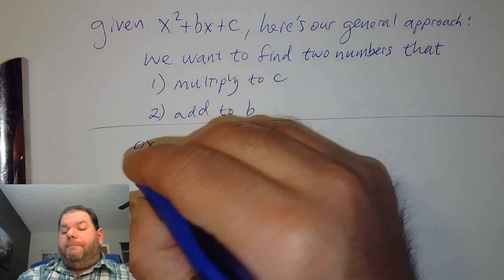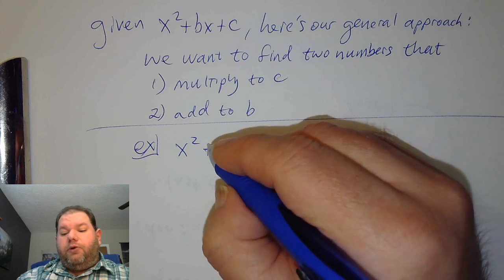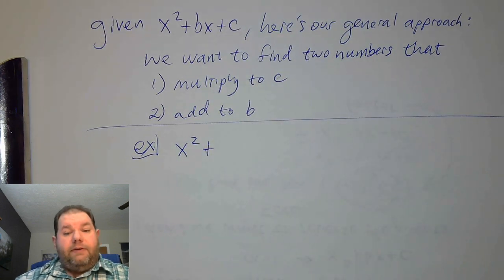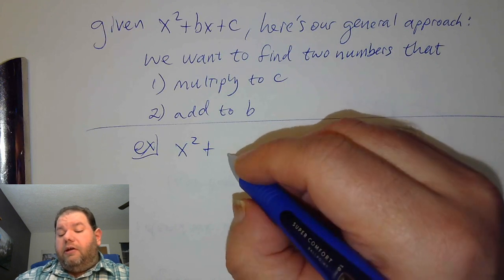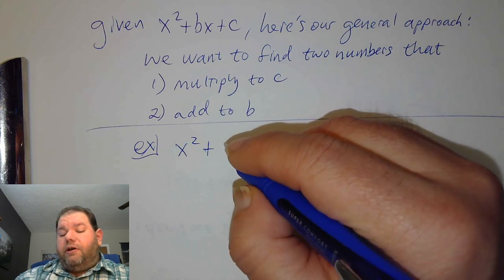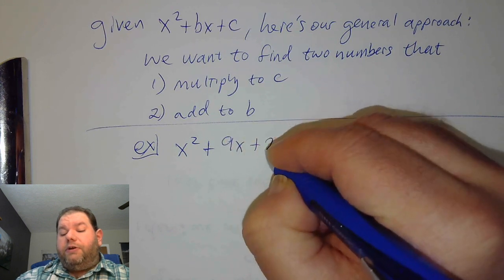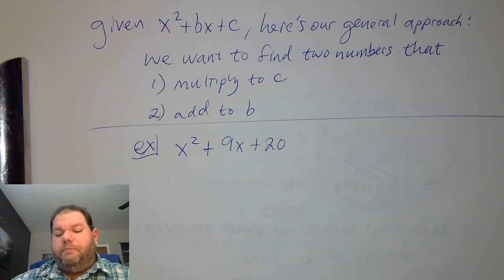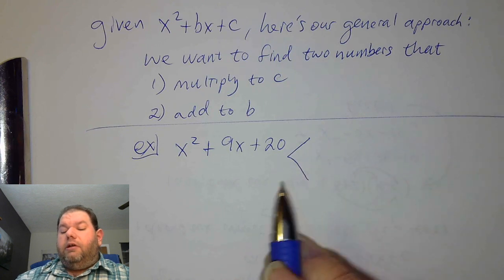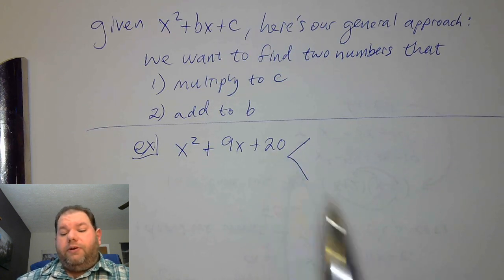So, example. We're just going to start off with everything positive. That way we don't have to work with pluses and minuses at the same time, or just minuses to begin with. So let's try x squared plus 9x plus 20. The idea here is we want to find two numbers that multiply to c. This time our c value is 20.